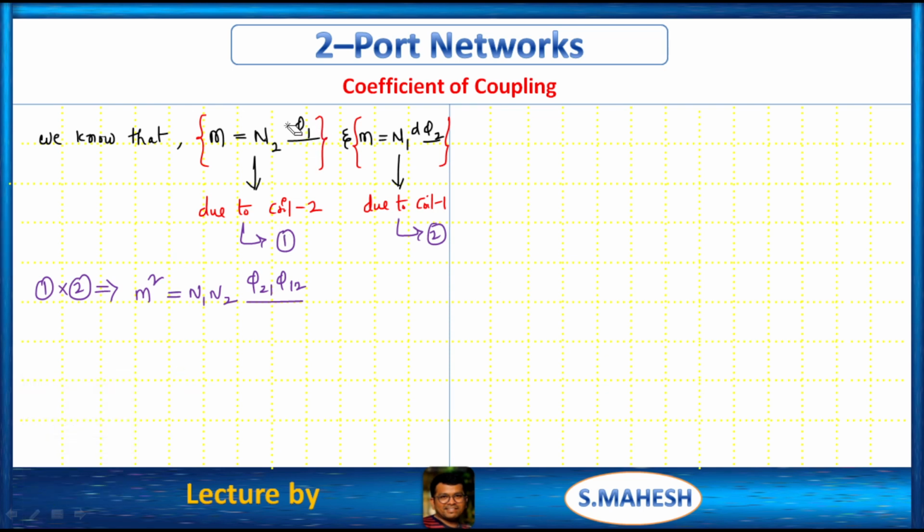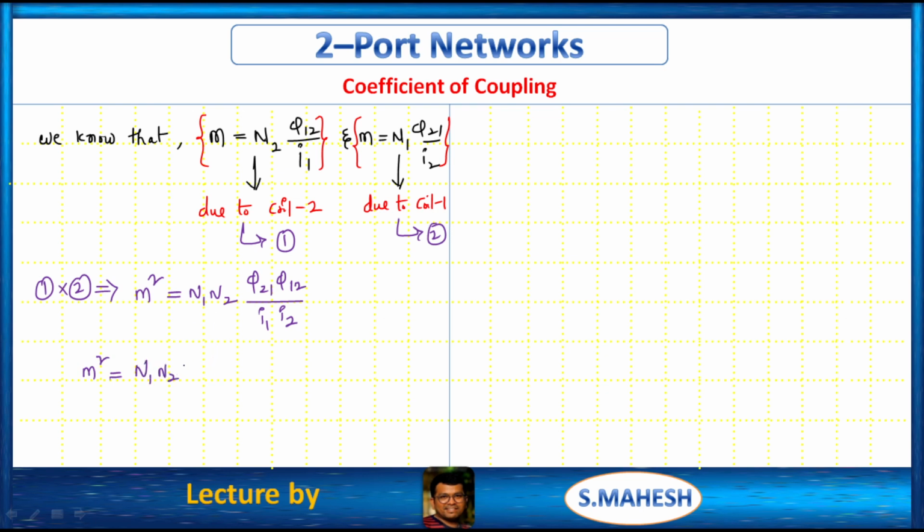right? We can write M equals N into phi 12 by I1. And this is phi 21 by I2. Now it is phi 12 into phi 21 by I1 into I2. That's it. Therefore, M square is equal to N1 into N2.